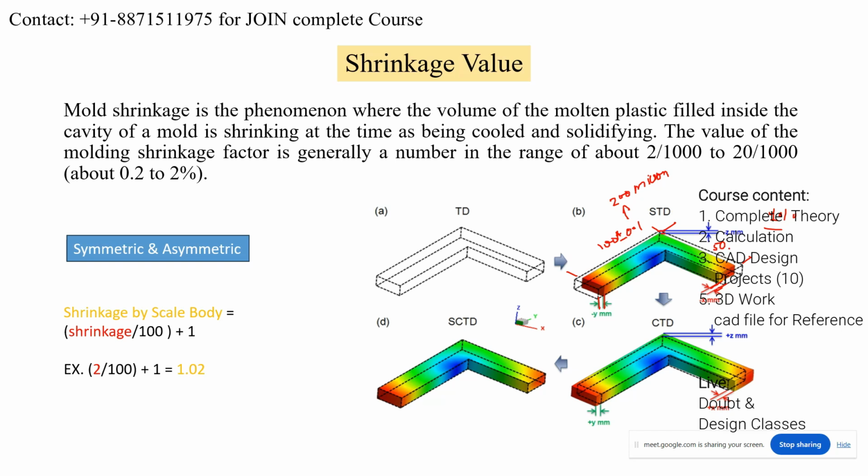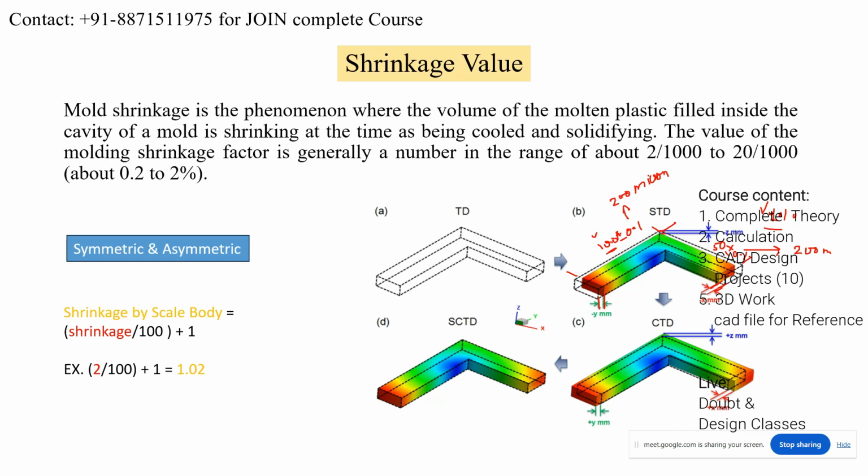Yes. And again if I'm talking about this plus minus 0.1, what is the limit of this? Again 200 micron. But see here, if you provide the uniform shrinkage to the complete body, what will happen here? Tell me, what is the 1% of the 100 mm? 1 mm.